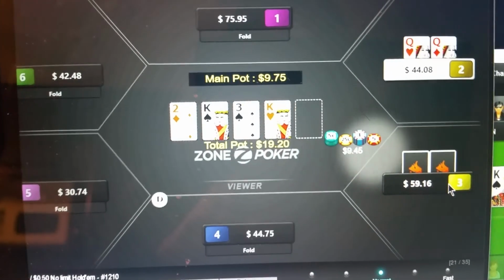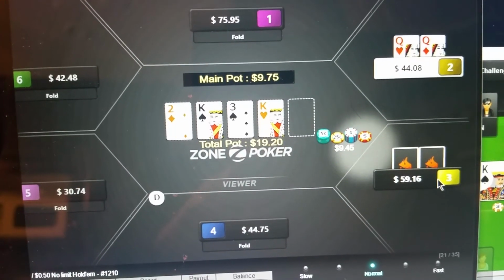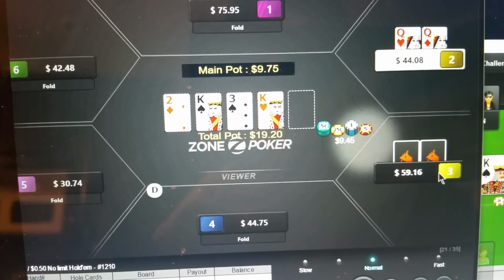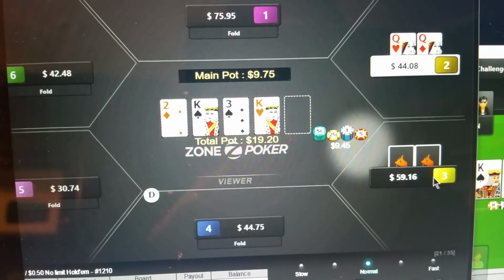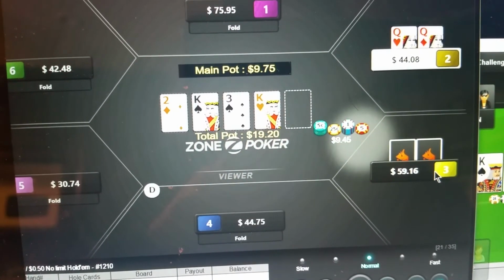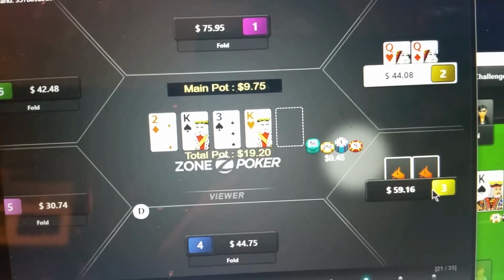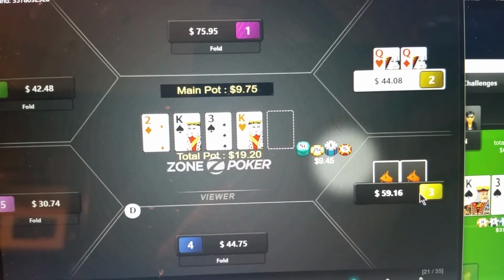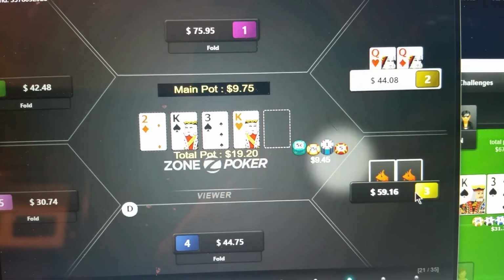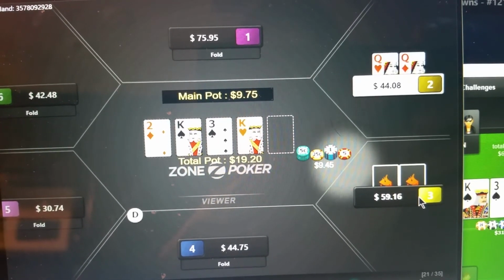So the different considerations include queens is lower than king, but then on the turn when the king paired, there's card removal. So queens again go up in value because his range became so much narrower, his value range becomes so much narrower. So he could have aces, he could have ace king, king queen, but there are so many bluffs because he can have very few combos of kings.